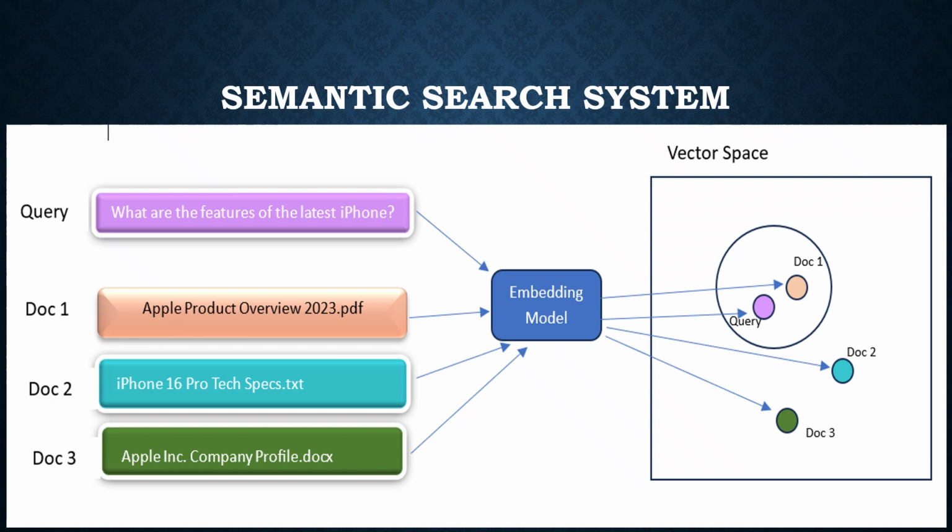Here you can see it will consider all three documents, and document one is providing the nearest response. You can see these two documents are a little bit far away and not matching with the score, so it will consider document one and provide you a response on the basis of this document one.